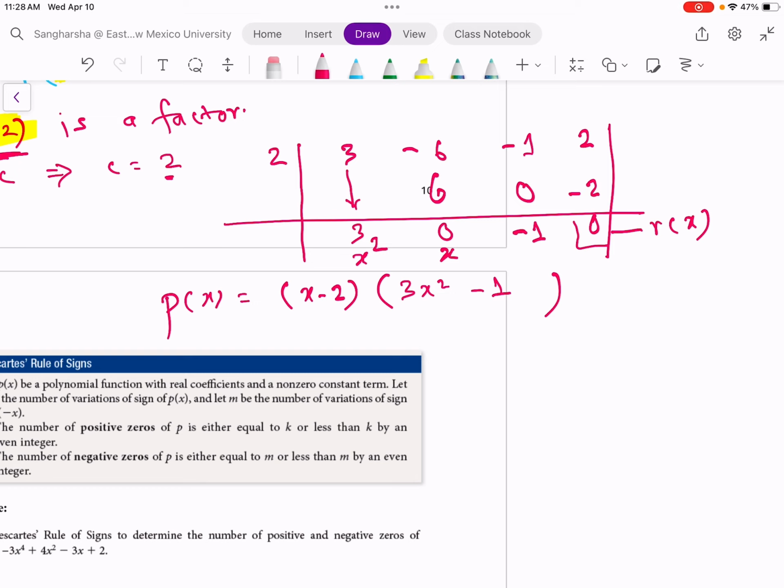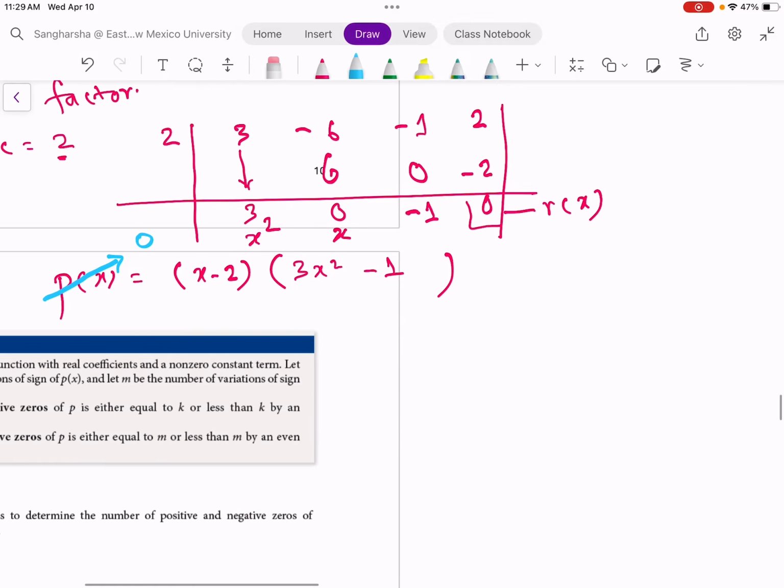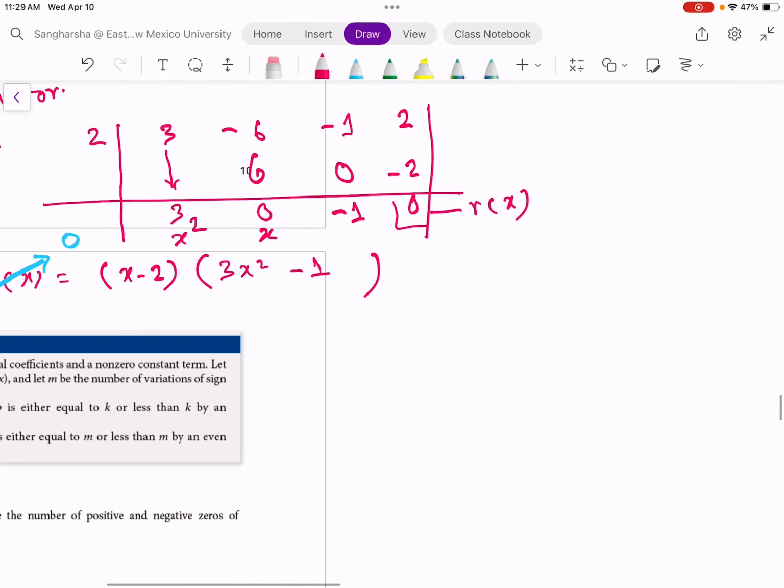Now we need to know the real zeros, right? Finding real zeros means finding the x-intercepts. It's the same thing. How do we find the x-intercept? We set p of x equal to 0. So x minus 2 times 3x square minus 1 equals 0.